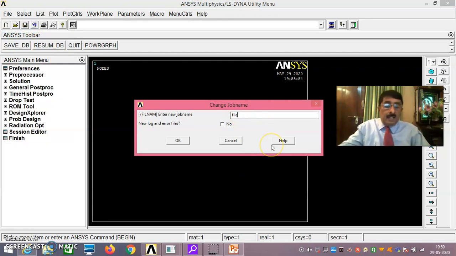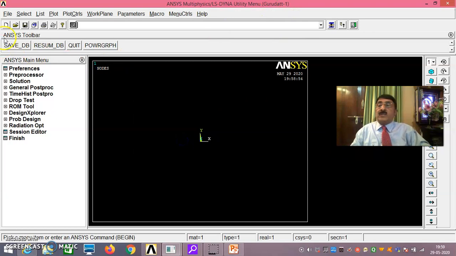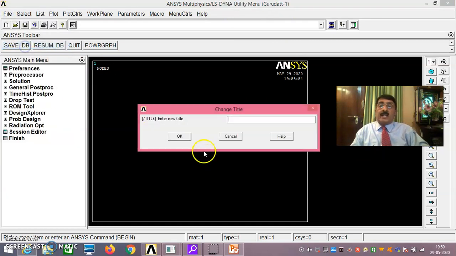By default it will be the file name, so you give some name, Gurdat 1 or Gurdat convection. New log and error files: that means I want an exclusive log file for this, Gurdat 1. Then File, go for Change Title. In this title, write down 1D heat conduction, convective boundary conditions and all that.